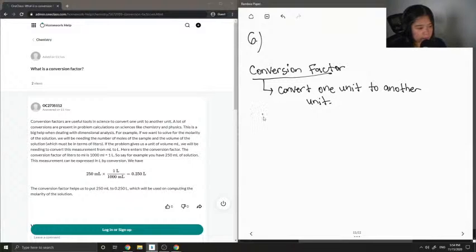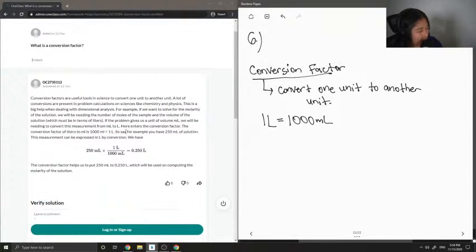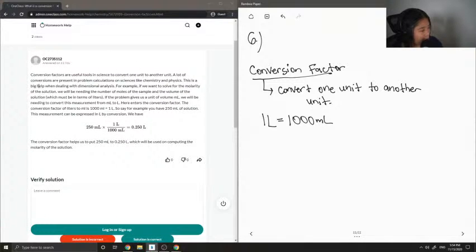So let's say in 1 liter, there are 1,000 milliliters. Yeah, there are a lot of different examples of this. I'll see what the junior tutor said.